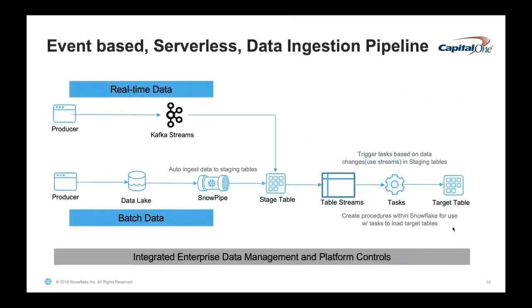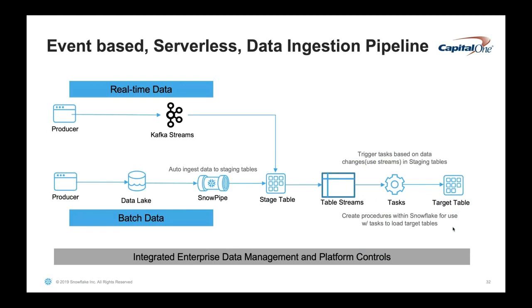The other use case is a common one, and that's what we originally intended with these new announcements, which is to bring in data that is generated in near real time into Snowflake, and also allow customers to load data through batch. So what Capital One are doing is they're a Kafka customer, so they're using Kafka streams and the Kafka connector to load data into staging tables.